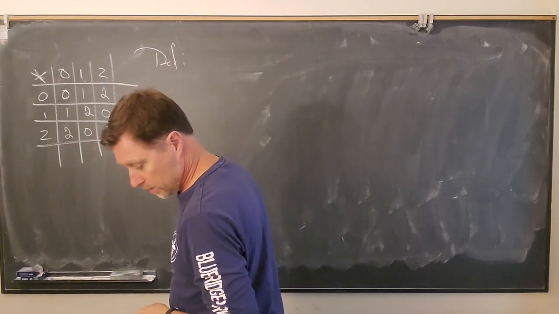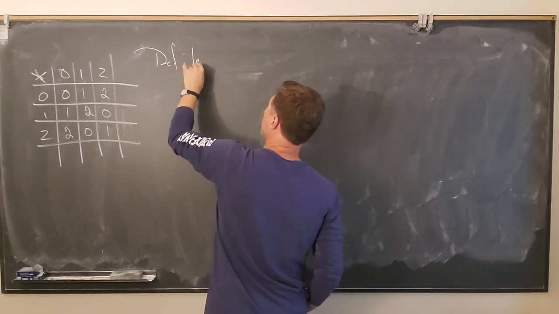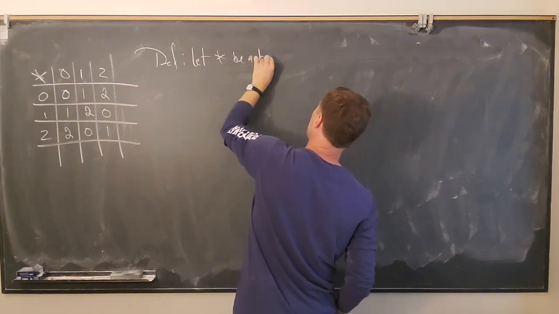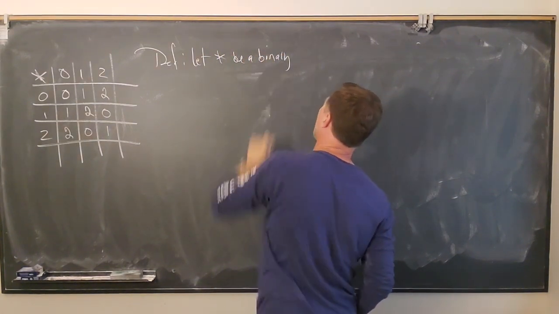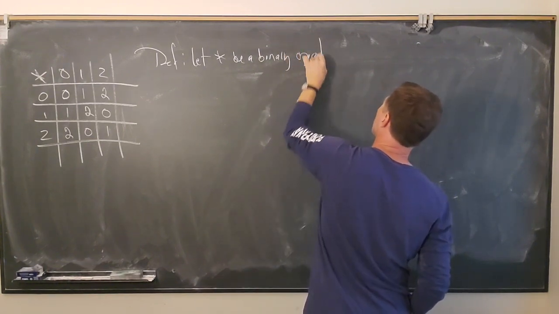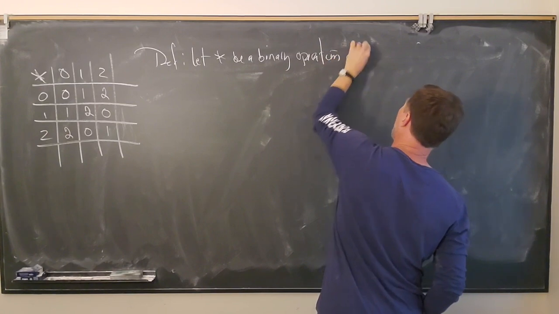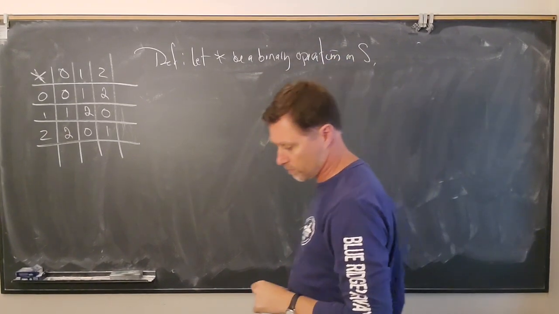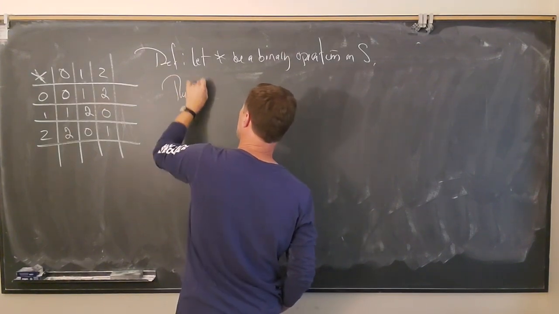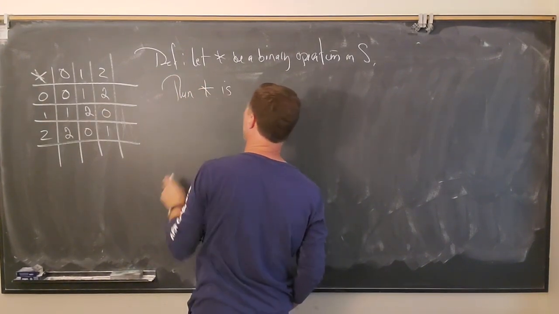Okay, so let's see. Let star be a binary operation on capital S. So then star is, and there are two parts to this definition.